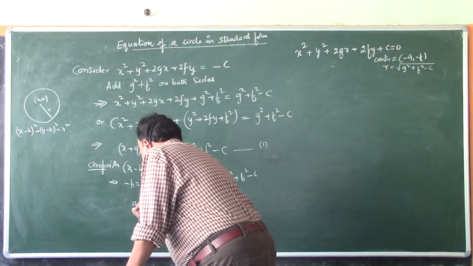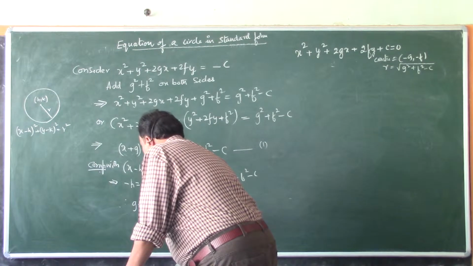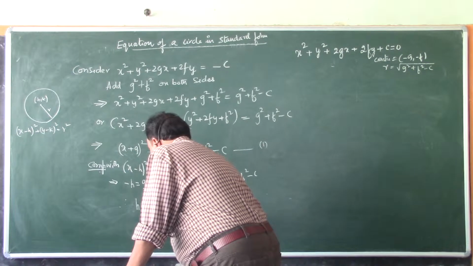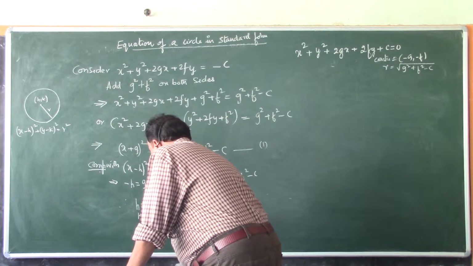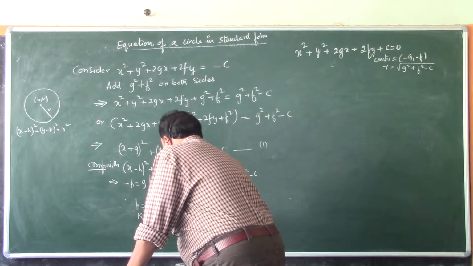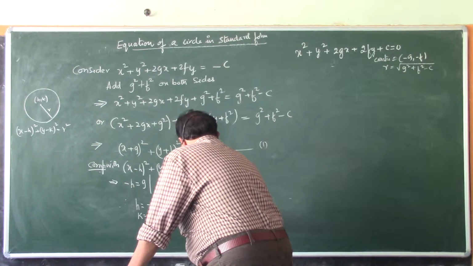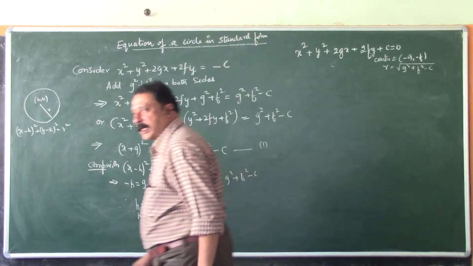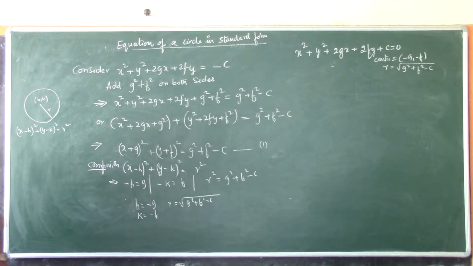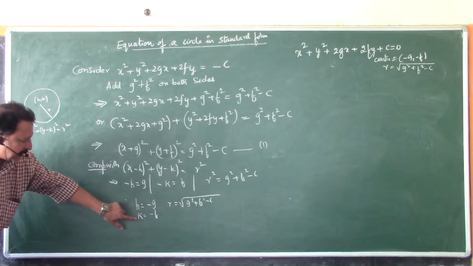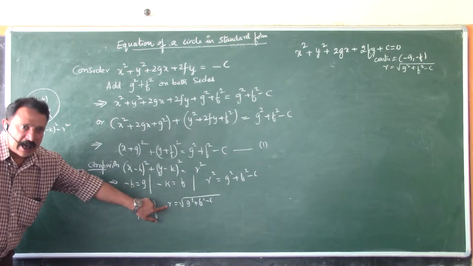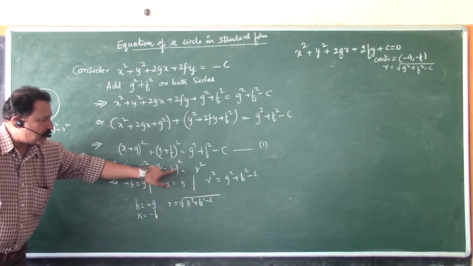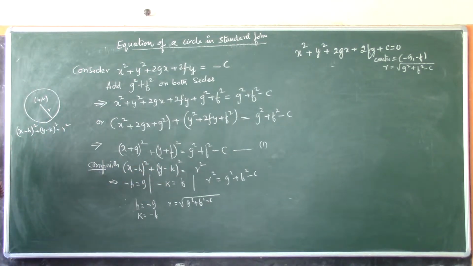Therefore, what is h? What is k? And what is r? Root of g square plus f square minus c. Okay. You know that with center at h comma k and radius r, the equation x minus h whole square plus y minus k whole square equals r square represents a circle.